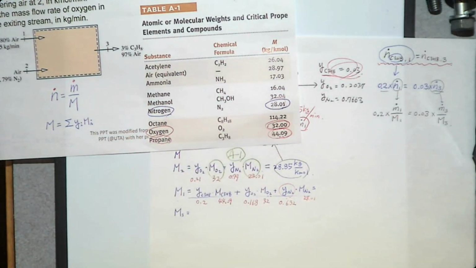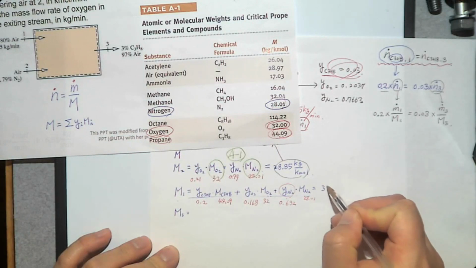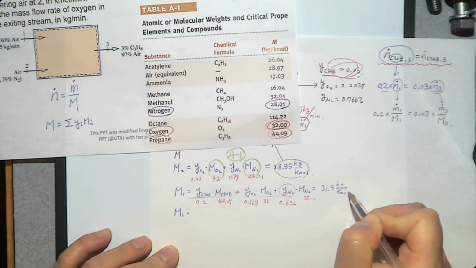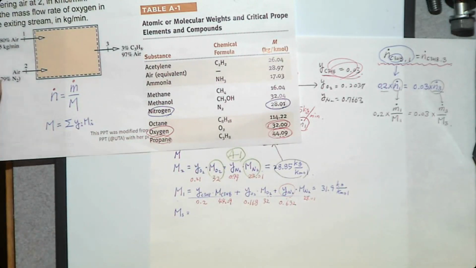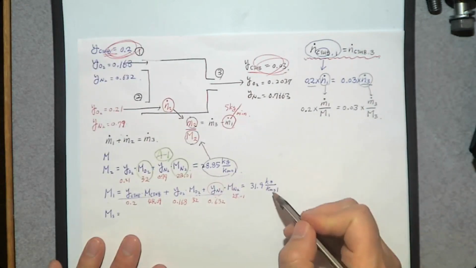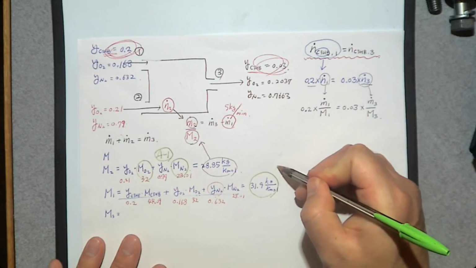So that's how you can determine the molecular weight at the inlet number 1. So if you do, we get 31.9 kilogram per kilomole. Then this one goes in here.